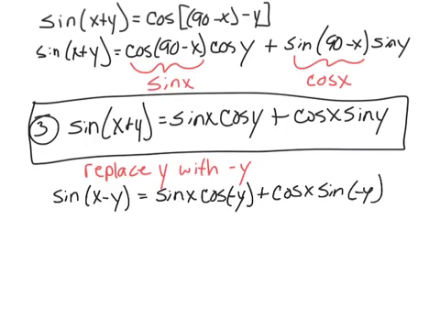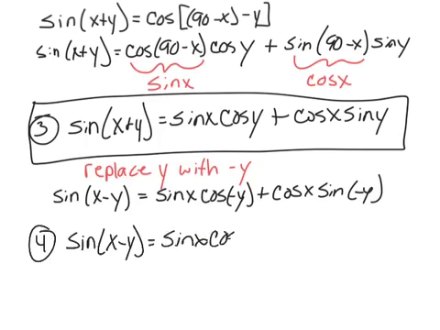And remember, that's our symmetric identities. This one's going to be equal to cosine of y, this one's going to be equal to negative sine, so that's going to turn this addition into subtraction. So here's the fourth identity: the sine of x minus y is equal to the sine of x cosine of y minus the cosine of x sine of y.